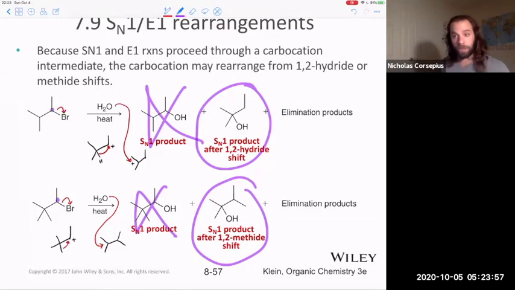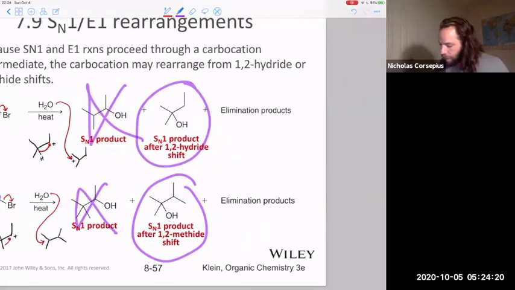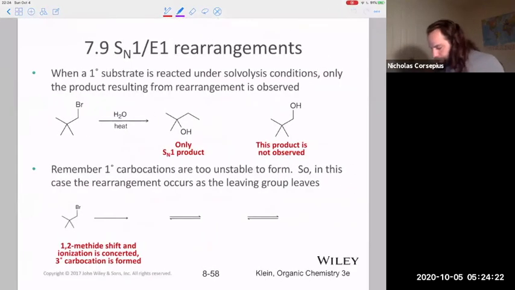The exception is going to be these two scenarios right here, where there's the potential for the hydride shift or methyl shift that form a nice stable carbocation. Then those would undergo SN1 and SN2 type reactions. So this is just a special consideration that you're going to have to keep in the back of your mind that could happen when you have a lot of branching on your alkyl halide.